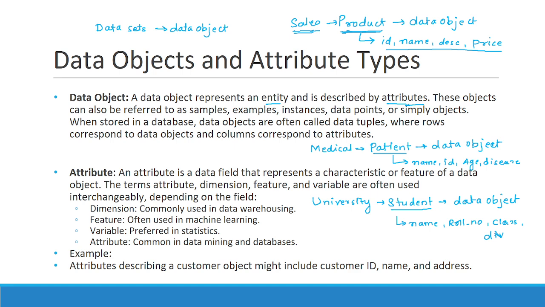Okay, these objects can also be referred to as samples, examples, instances, data points, or simply objects. So this data object has multiple names.